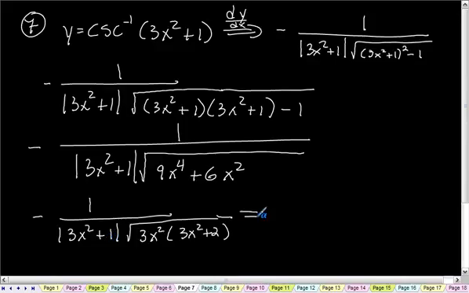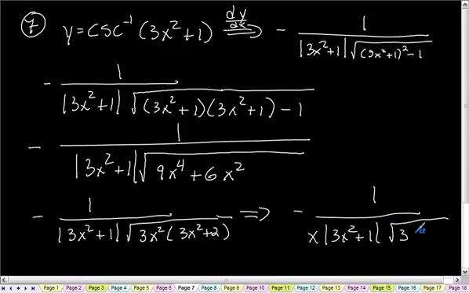So this becomes negative 1 over the absolute value of x times the square root of 3x squared plus 1. Inside the parentheses, I'm left with 3 times, I'll multiply that back in.